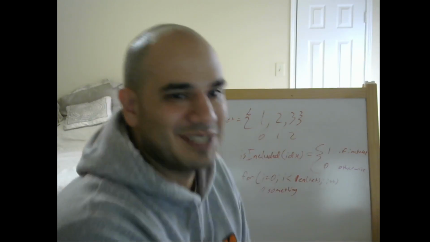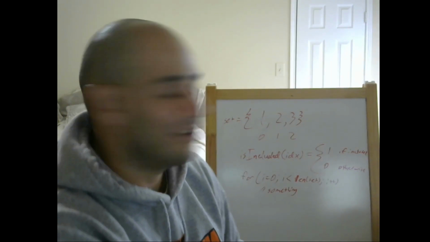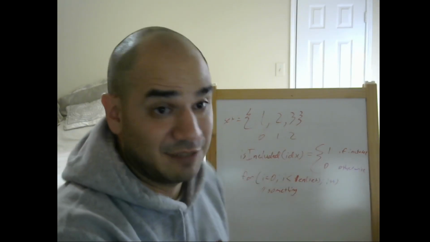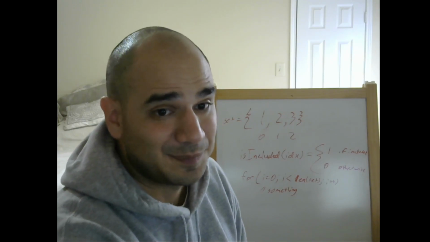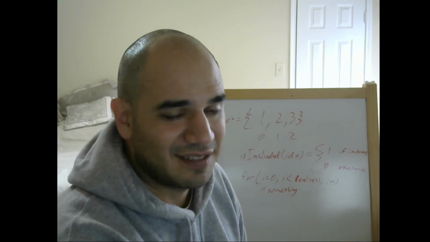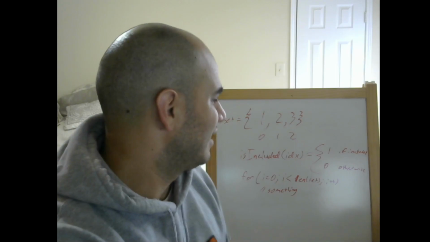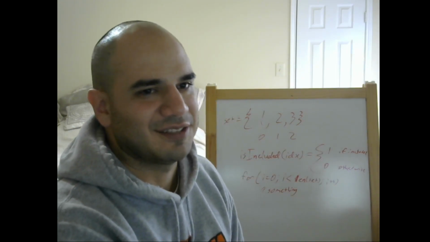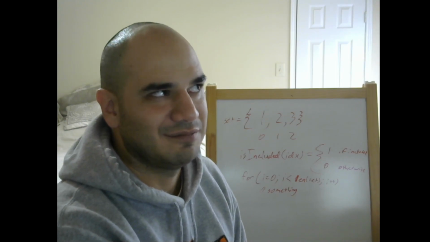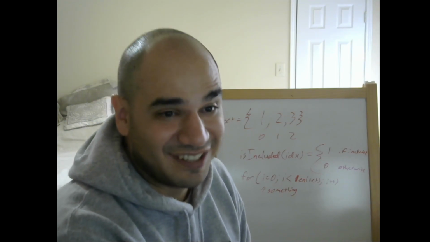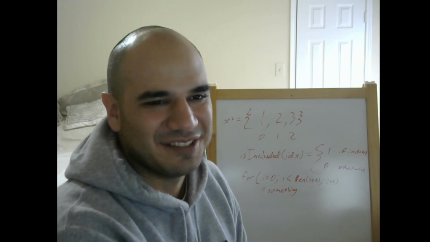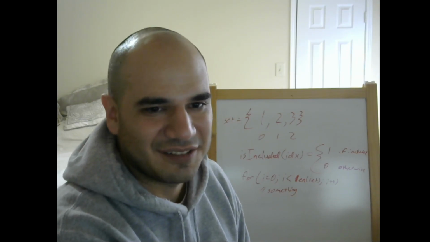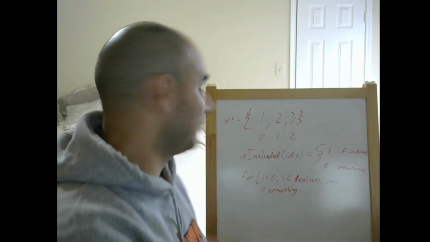We need to do something to represent this. Well, we have an output that's sufficient to tell us whether or not an item is included, and it's binary. It's 0 or 1. So it would appear as though we can use a binary representation to indicate whether or not an item is included.